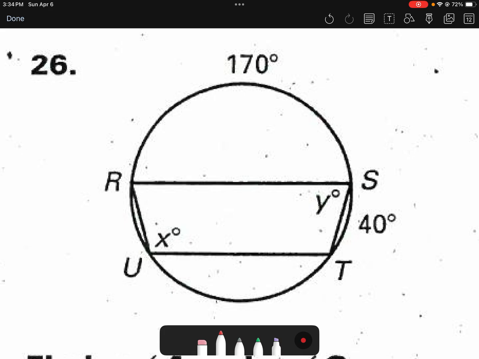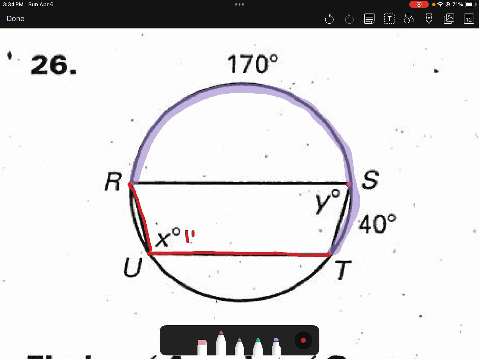So you have this inscribed quadrilateral. You need to think of each of these inscribed angles and their intercepted arcs. Okay, so we have this purple arc that has a measure of 210.